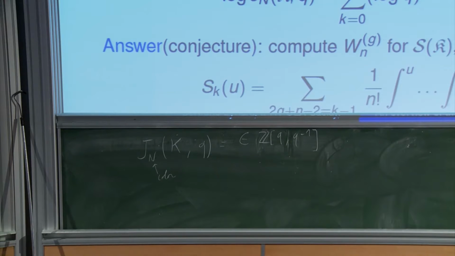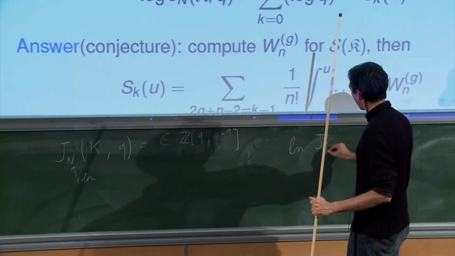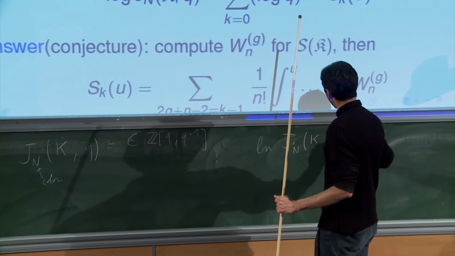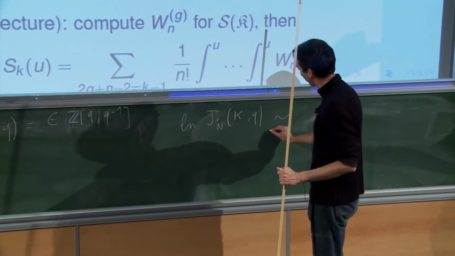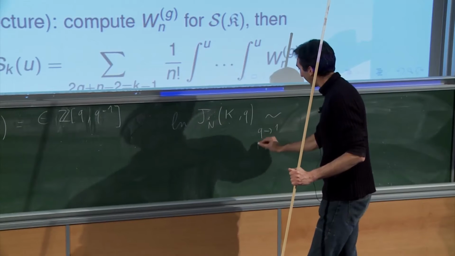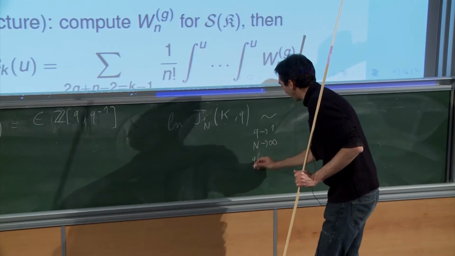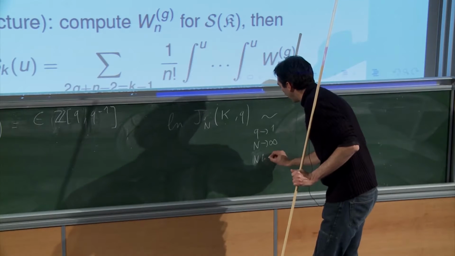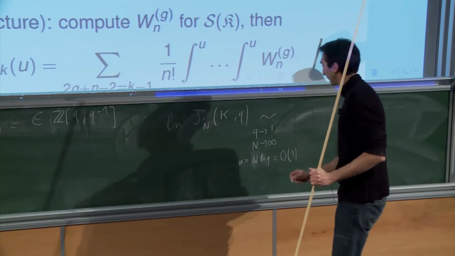And people started to be interested in how the log of this behaves when you send q to 1 and n to infinity in such a way that n log q, let's call it u, remains fixed.